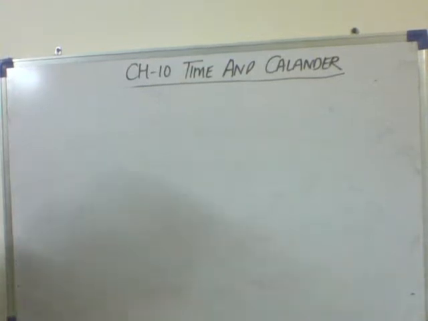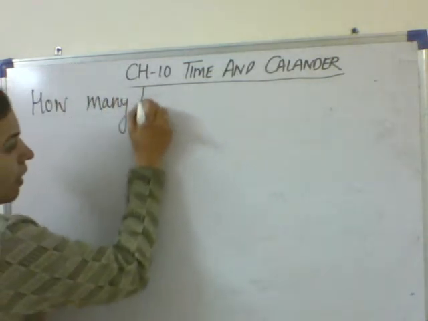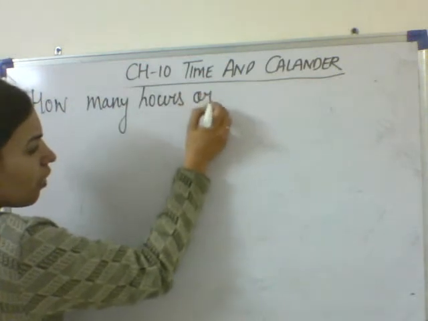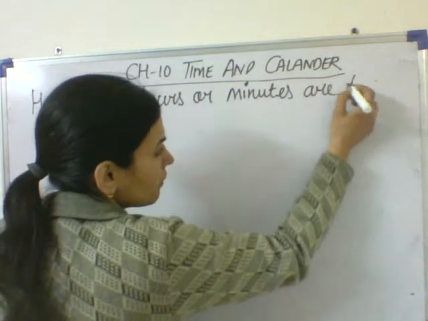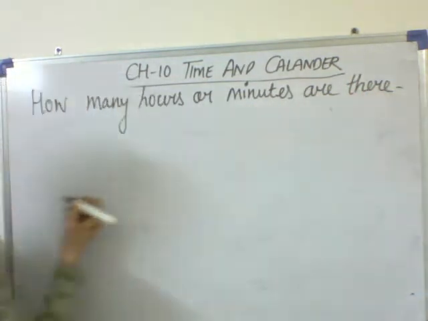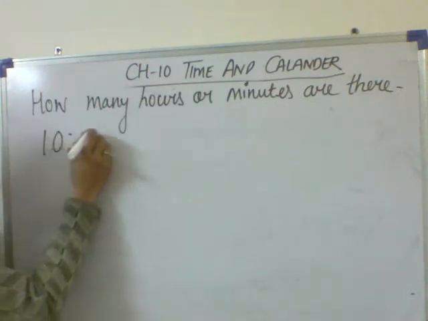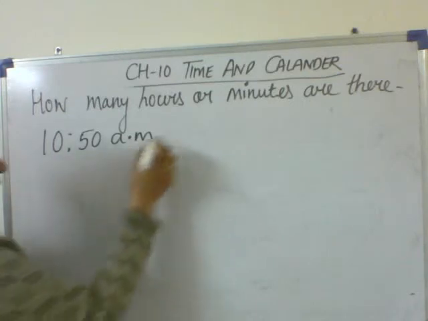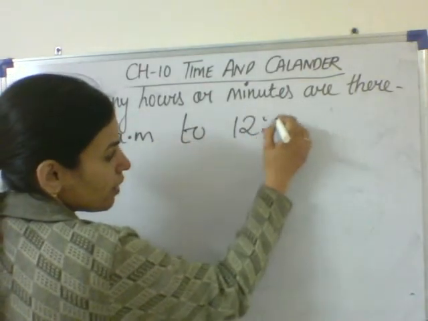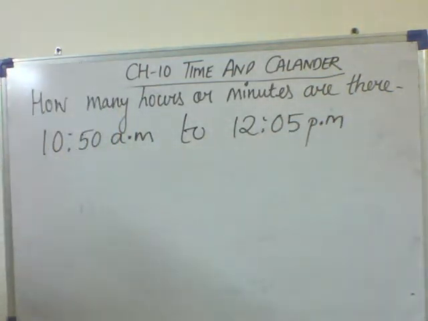First I am writing the timing here: 10:50 AM to 12:05 PM. Now we have to find how many hours and minutes are there. So how to solve this type of question?